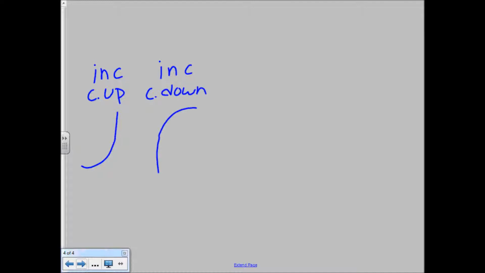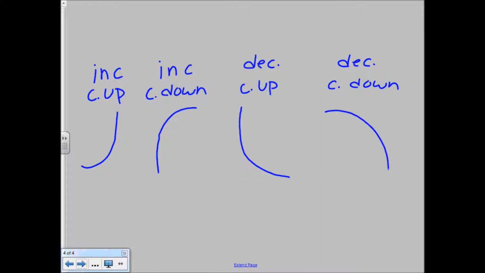So you just want to basically flip the curve around. And the other two deal with when you're decreasing. So when we're decreasing and concave up, we're going to look a little bit like that. And then when we're decreasing and concave down, we're going to look just like we were in that first interval that we did on the graph. We're going to look something like this.